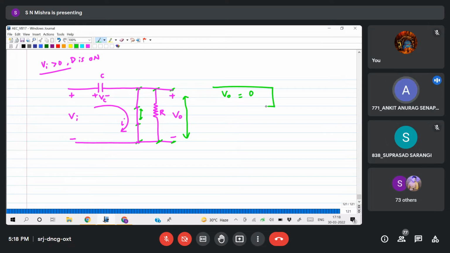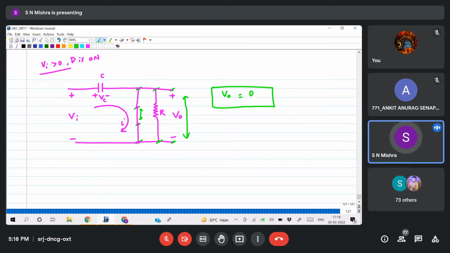That means whatever voltage you are applying, all the voltage will be captured by this capacitor. When we give voltage or current, the capacitor will charge. How much will it charge? It will fully charge to Vc. How will we know that? Apply KVL in this loop.